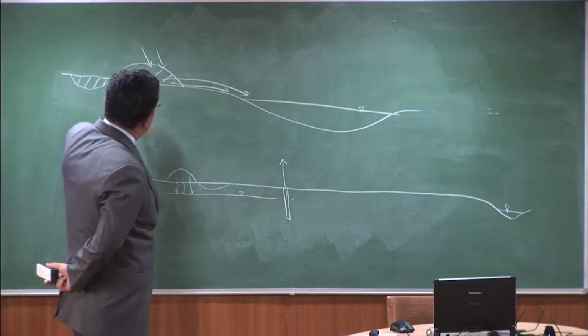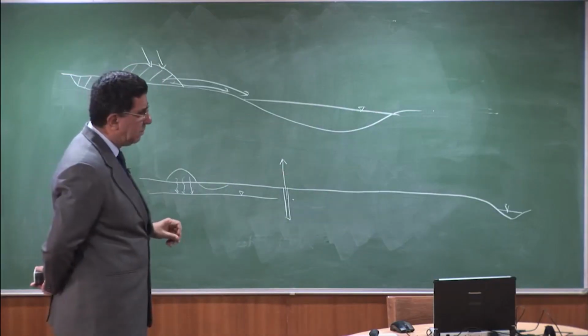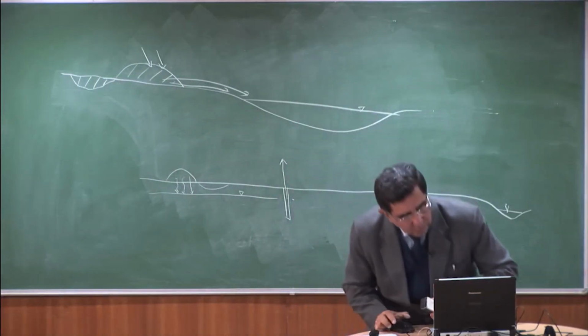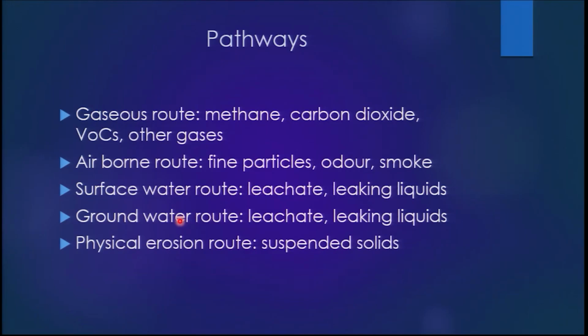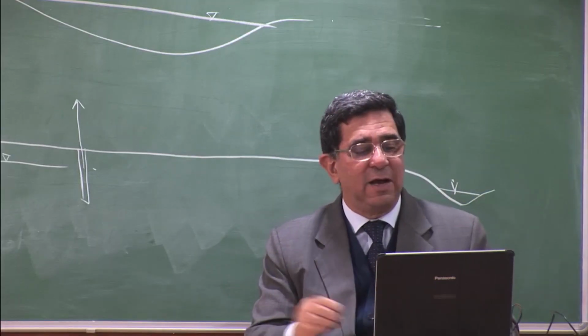So two similar dumps but in different situations. So let's look at the pathways once again with this context. You can have the surface water route. The leachate and the leaking liquids can travel along the ground surface. Hopefully, if the source is very far away, it will evaporate, because you do have evaporation all the time.